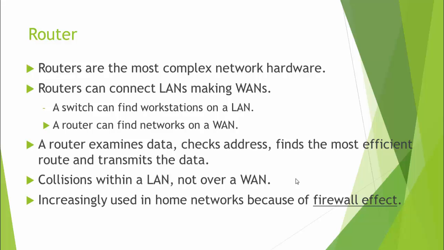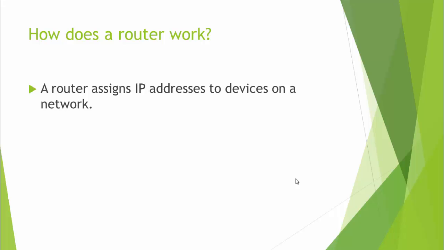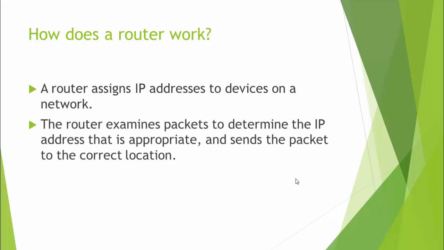Now there's something else about routers, and that is that they're used a great deal in home networks, not because of this tremendous power to avoid collisions, but in fact because of a firewall effect we'll talk about in a few minutes. First, we need to understand how a router works. So a router will actually assign IP addresses to devices on its network.